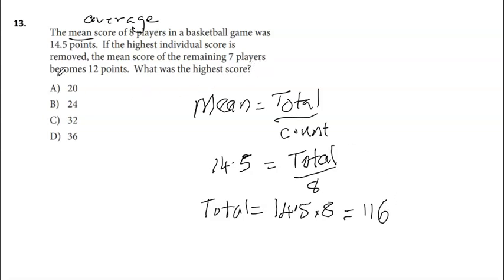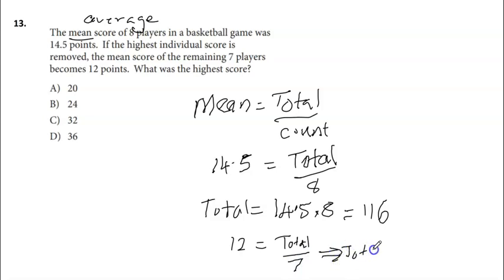Okay. Now it says the mean for the 7 players. So using the same formula, we have 12 is equal to total. We are now totaling for the 7 over what? 7, right?